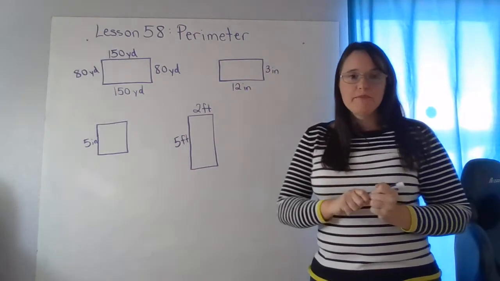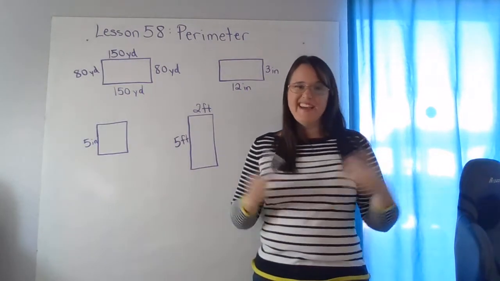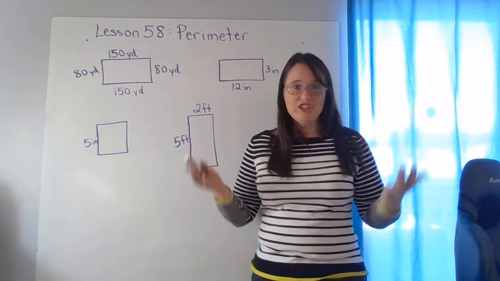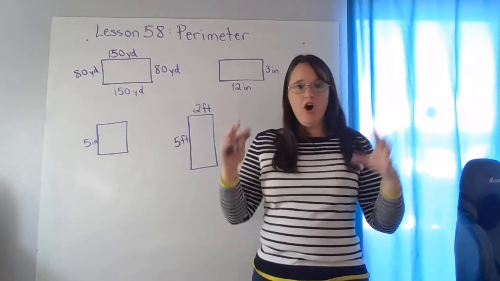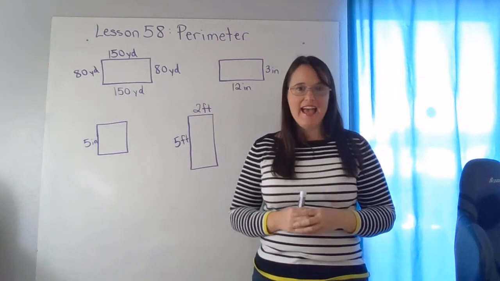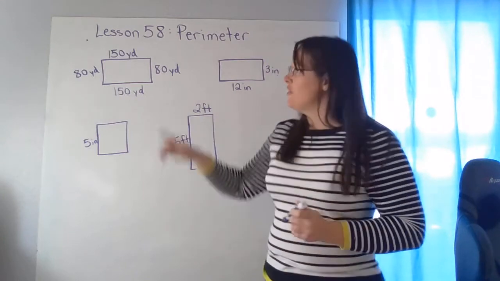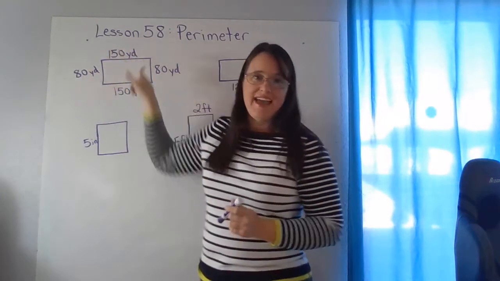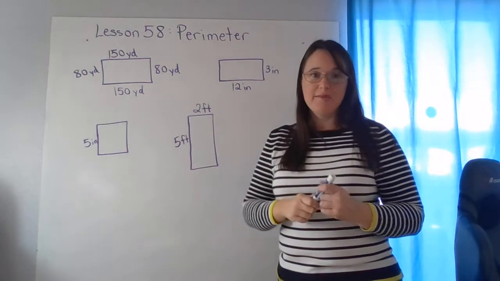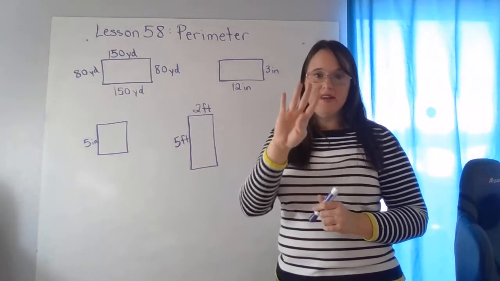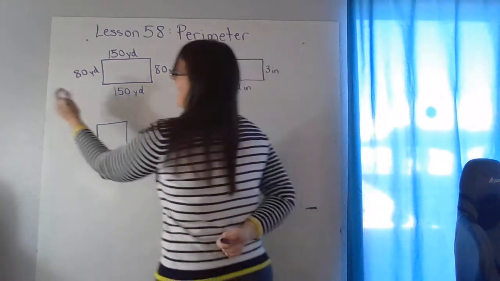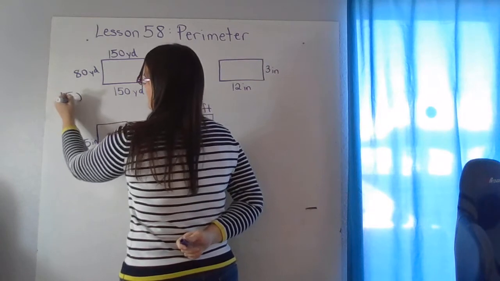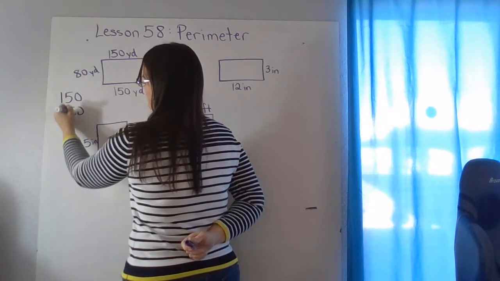So to find the perimeter of a rectangle, actually to find the perimeter of any shape, you have to take all the sides and add them together. So first I have to say, okay, I have 4 sides, which means I'm going to be adding 4 numbers. So I'm going to add 150 plus 150.